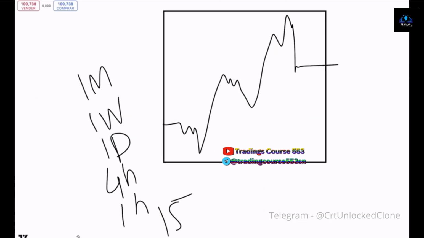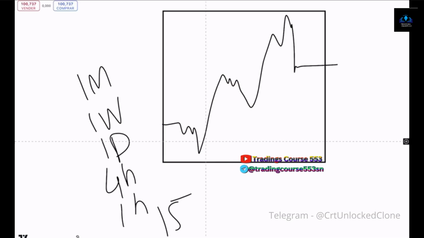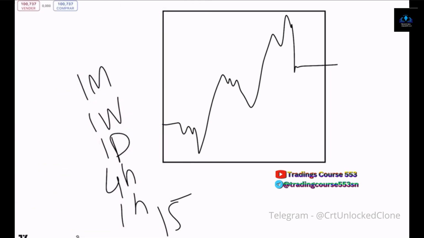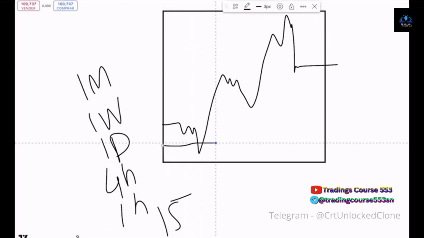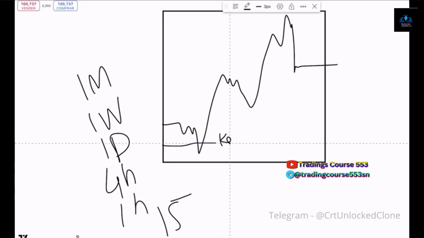Not the pattern. The pattern is part, yes, the pattern does matter somewhat. It matters only in the context of what I said before, is getting familiar to the lower time frame price action at the higher time frame key level, right?